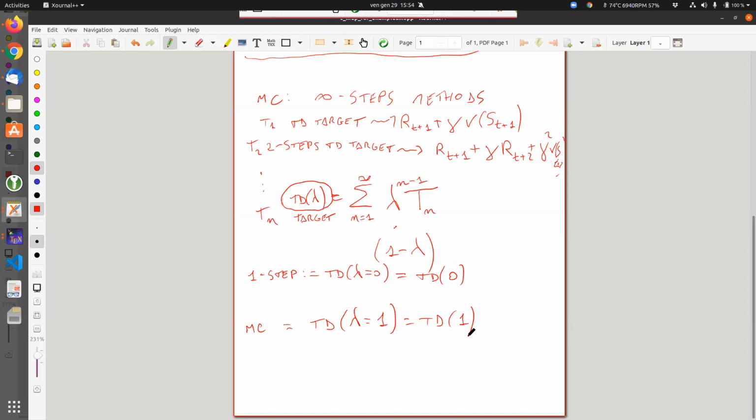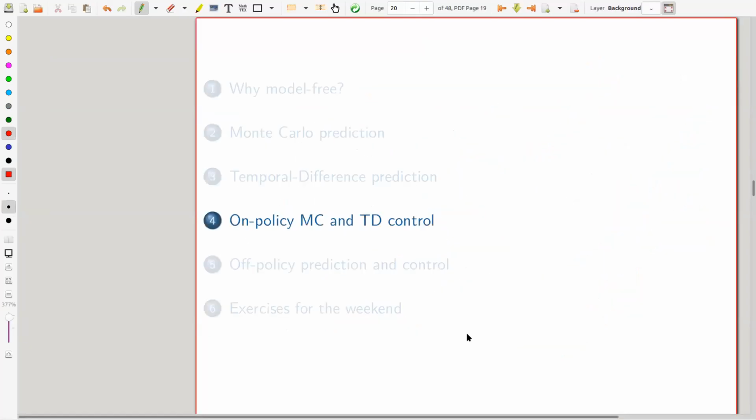Okay. Questions? Because we are into a new part, which is the control part. Maybe I'm losing you. So remember, we were doing prediction, and we have found two different families of methods.